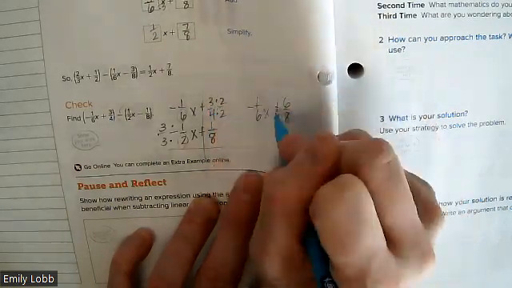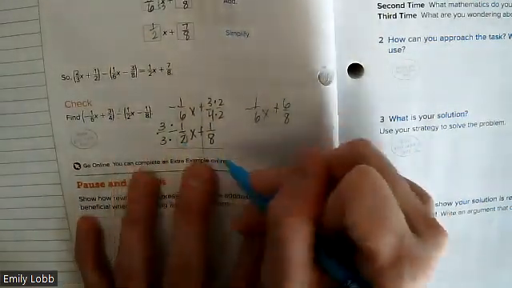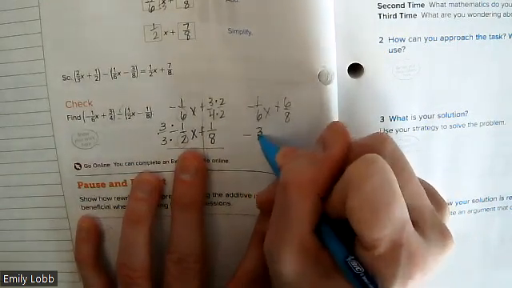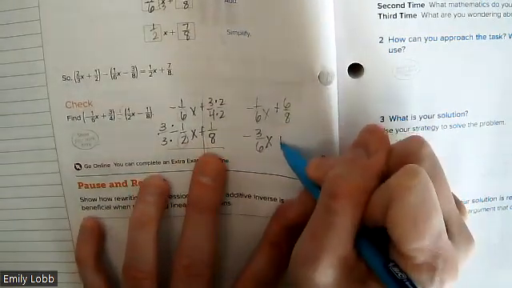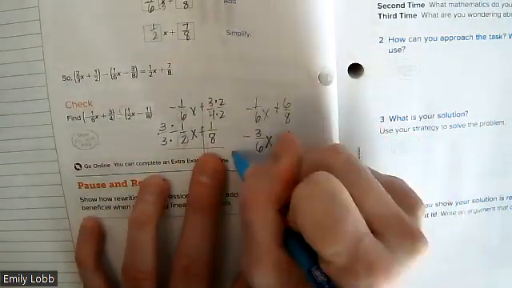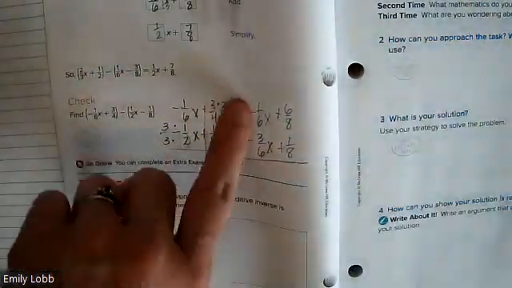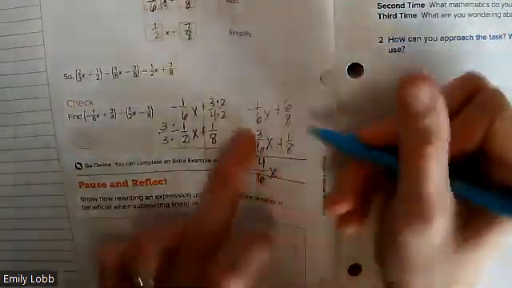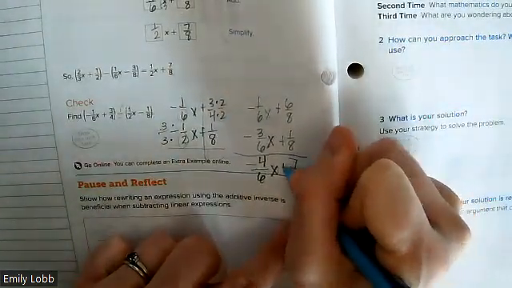I said 3 times 2 is 6, 4 times 2 is 8. And then I have, this was negative 1/2, right? So this is going to be negative 3/6x plus 1/8. So my signs are the same for both of these, so I'm finding the sum. 1 and 3 is 4, but it's a negative 4/6x. 6 plus 1 is 7/8, and it is positive.